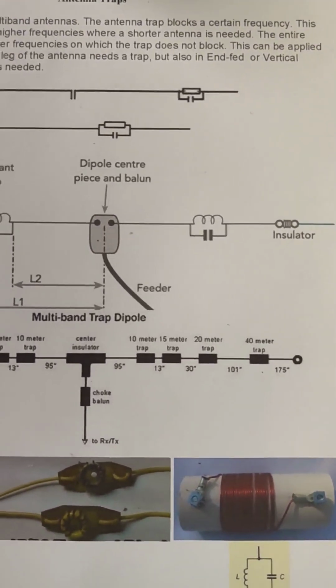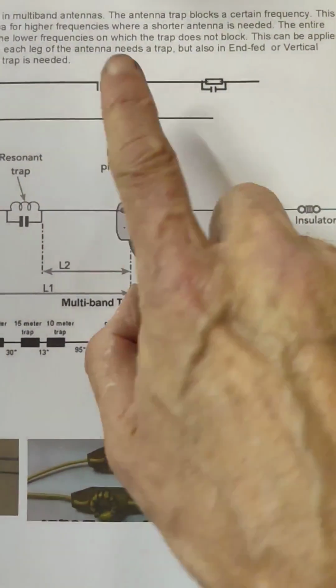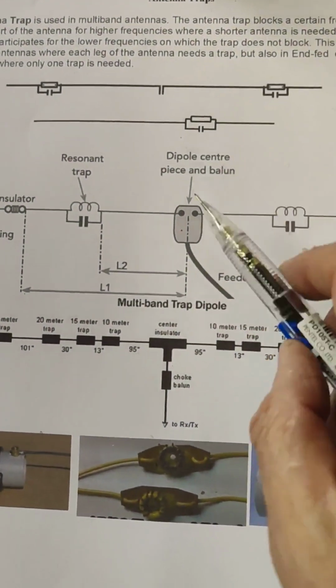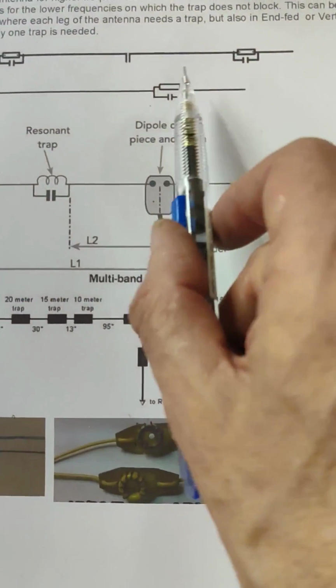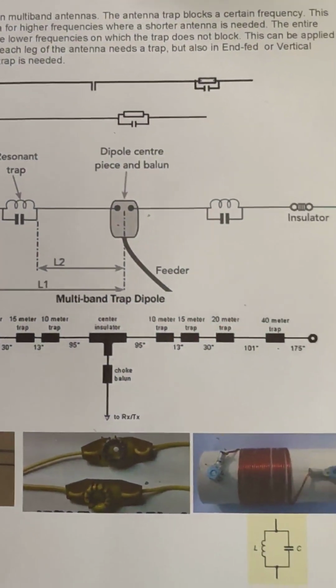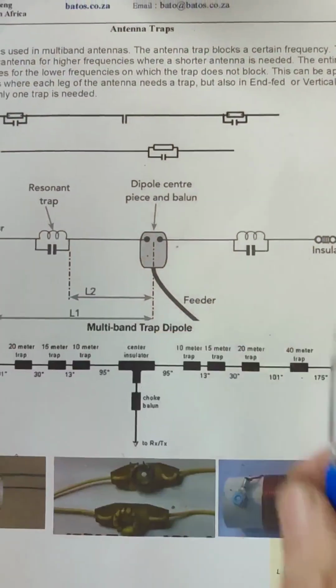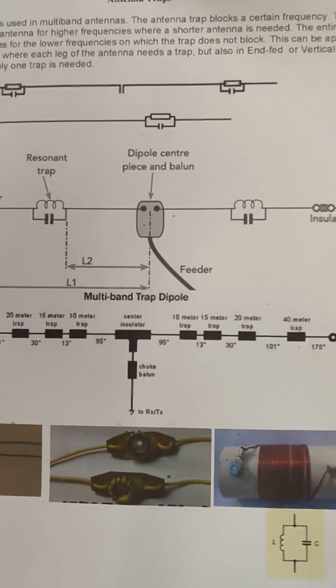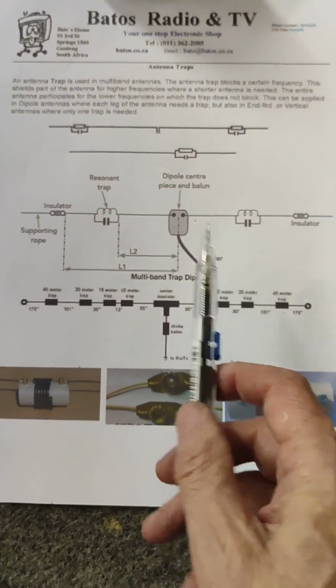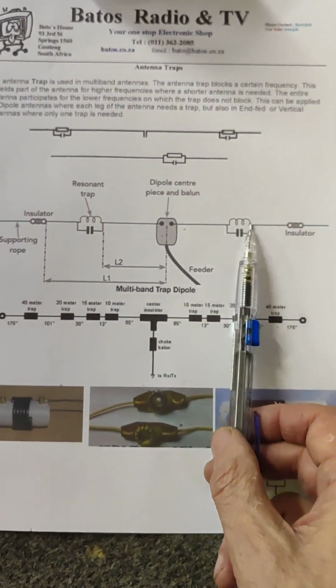This can be applied in dipole antennas, where each leg needs a trap, but also in end-fed and vertical antennas, where only one trap is needed. So in actual fact, this is the trap.